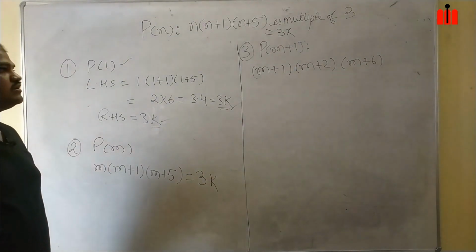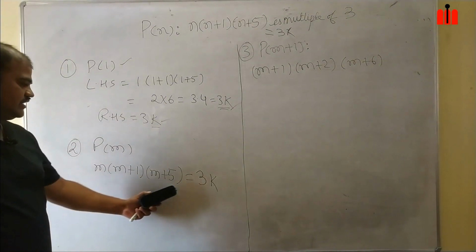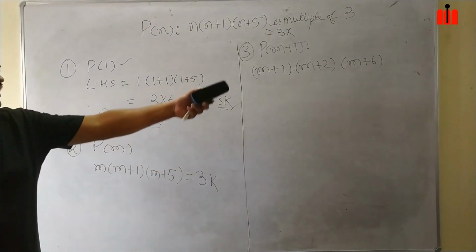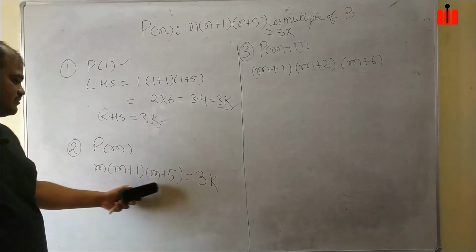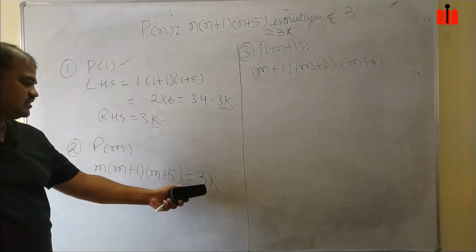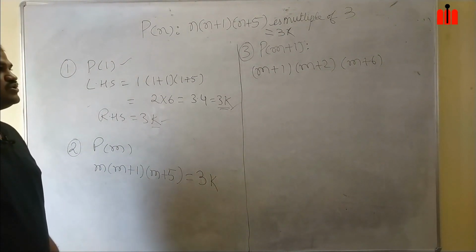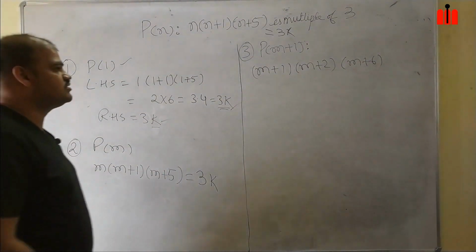Now my whole motive is I have to get this expression from that term such that I can put 3k in place of the expression of m, m plus 1, m plus 5. So how will I get it?